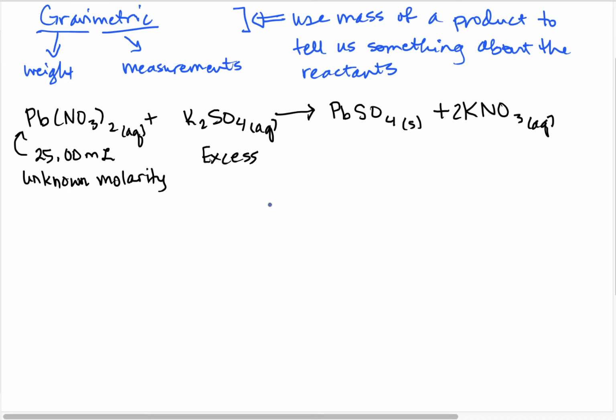So that means this is not a limiting reagent problem. We have added excess, and we are trying to figure out information about the lead nitrate. So we collect our lead sulfate, we filter our solution, we collect up that lead sulfate, we dry it, and we weigh it. And let's say that we collect a certain mass of this lead sulfate.